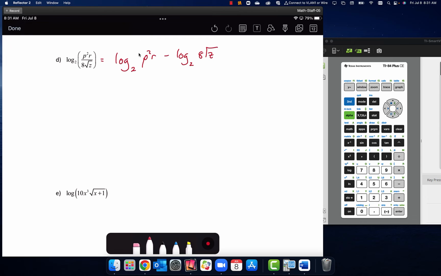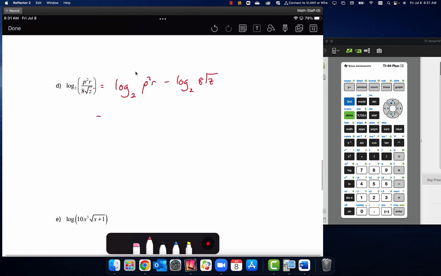Let's take care of that at the same time. So we have log base 2 of p, and the square I'm going to pull out to the front, pull out that exponent, plus log base 2 of r.